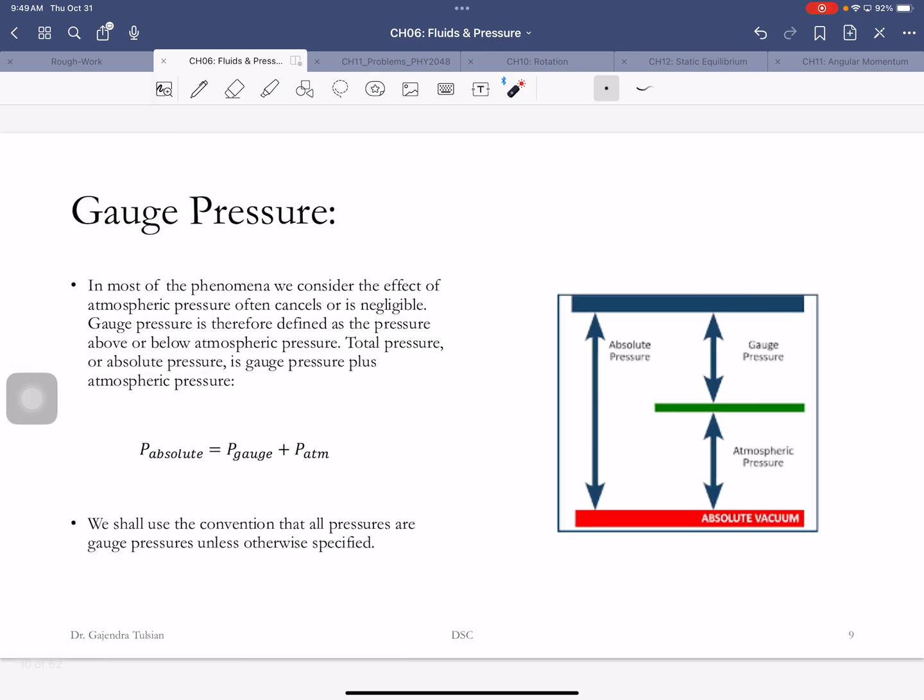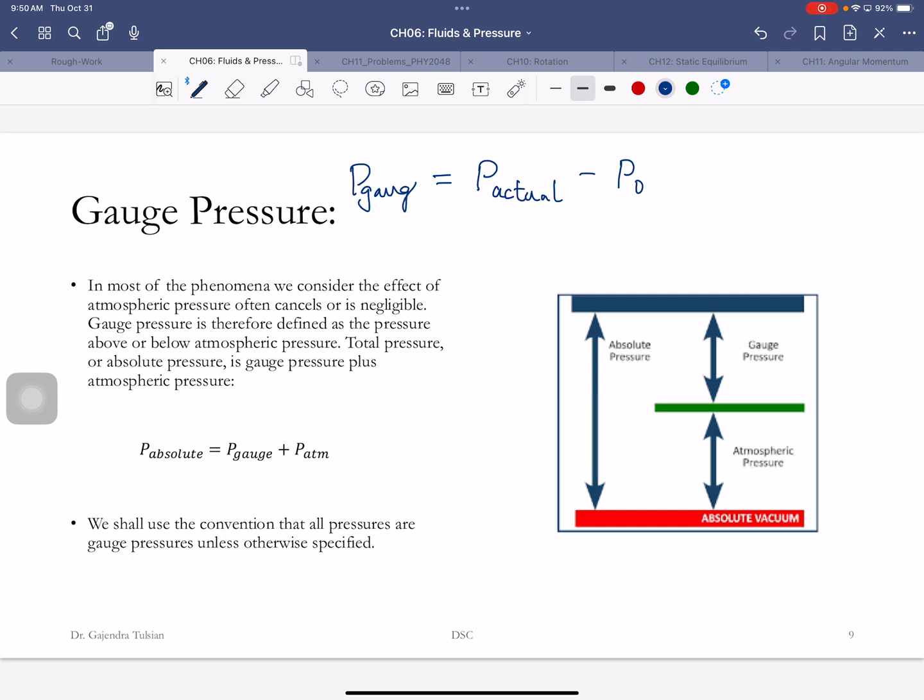Most gauges do not measure the actual pressure. The actual pressure is this. What they do is measure the actual pressure minus atmospheric pressure, and that's called the gauge pressure.